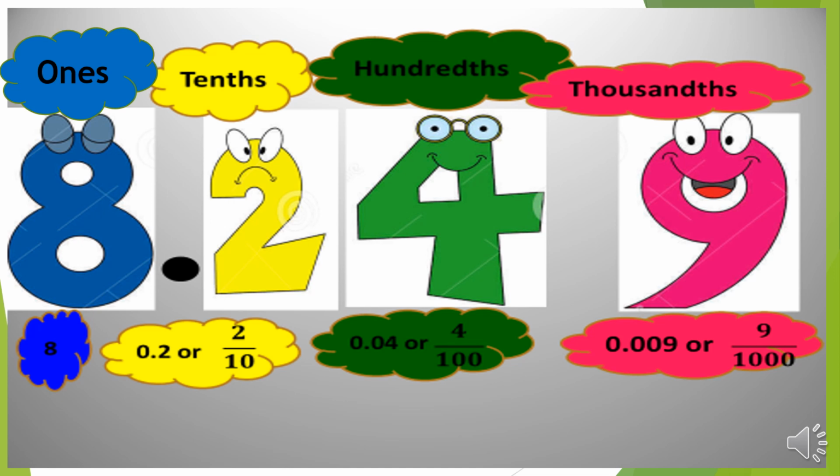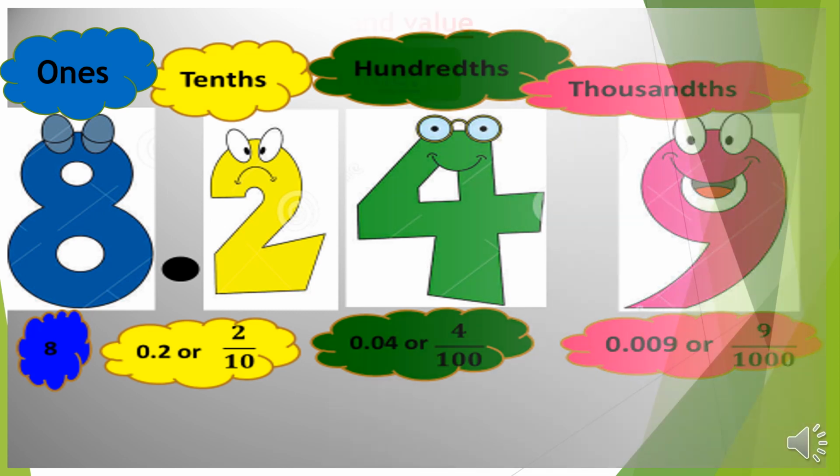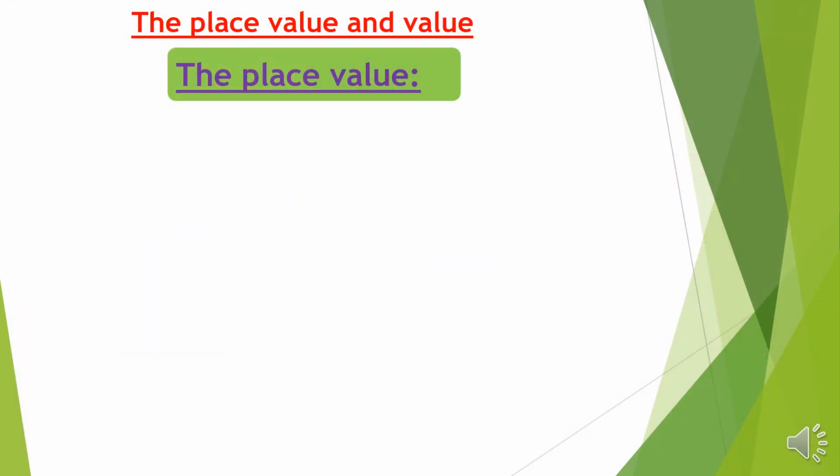Number 2 in the tenths place, its value is 0.2, or we can read it as 2 over 10. Number 4 in the hundredths place is read as 0.04 or 4 over 100. And last one, number 9 in the thousandths place, its value is 0.009 or 9 over 1000. As we know it, number 8 in ones, its value is 8.